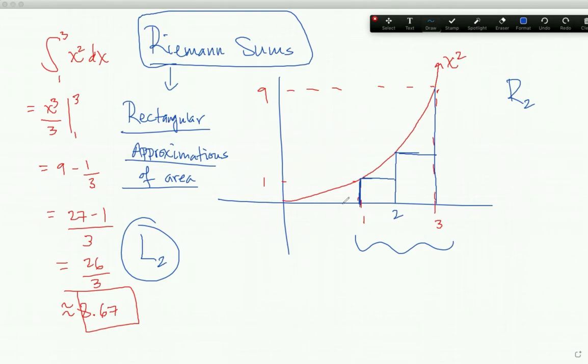When it's left, you use the one on the left. So you use the height at 1 when you're considering the interval from 1 to 2, and when you're considering the interval from 2 to 3, you use the height at 2. So then what do you think it will mean when we're doing right 2? Use the height on the right.